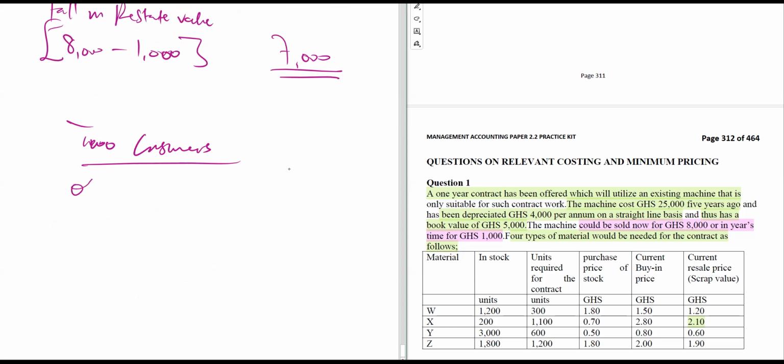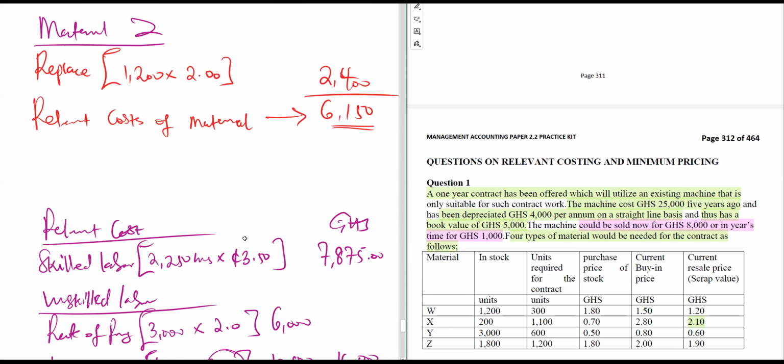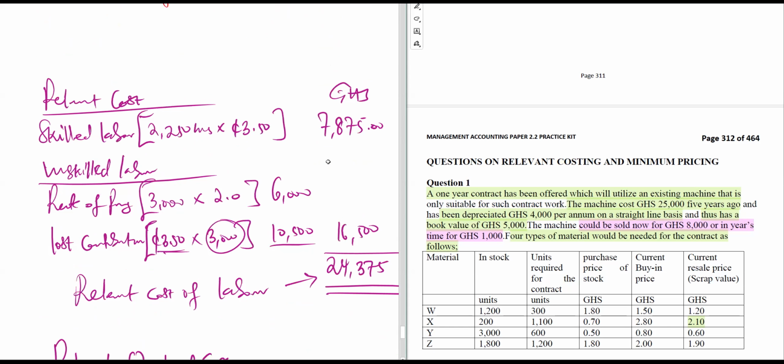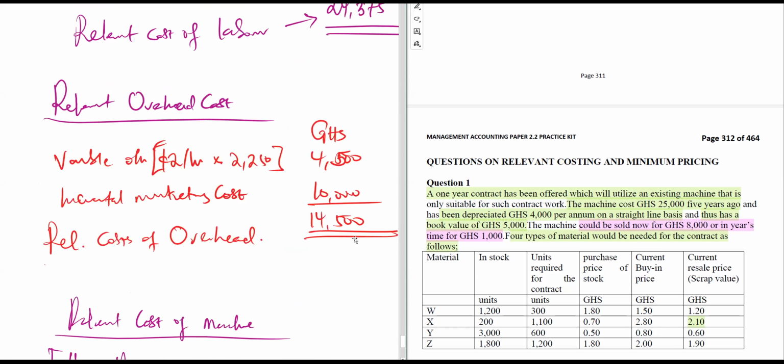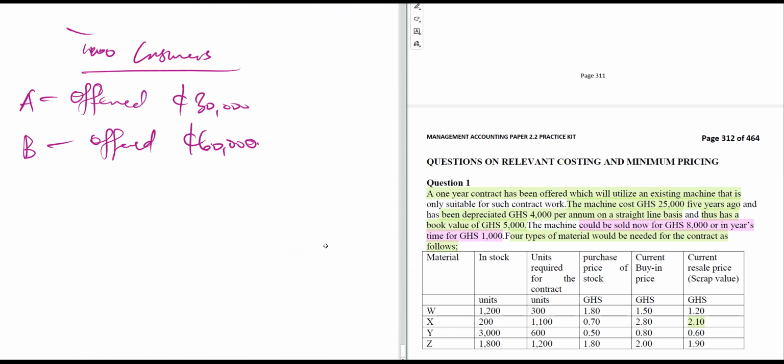So we have to put all the relevant costs together, right? We have material 6,150, labor 24,375, overheads 14,500, and machine 7,000.